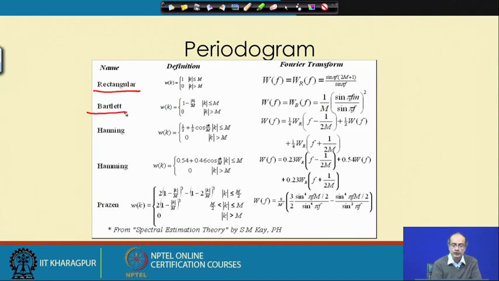Bartlett window. Instead of a rectangle, it is a triangle. We get that at the center it has the maximum value 1, and on both sides it slowly reduces linearly, and beyond a point, for values more than m, it will come to 0.